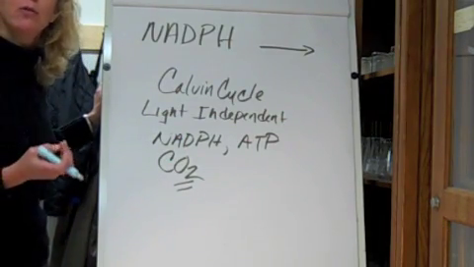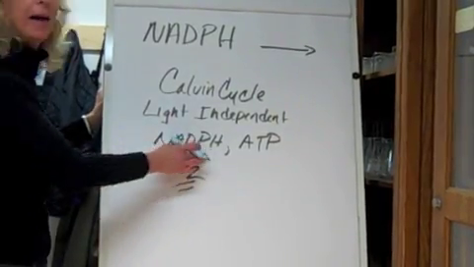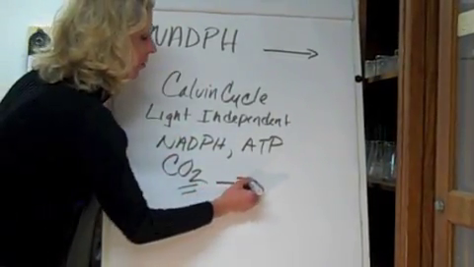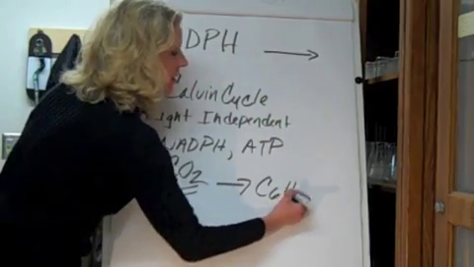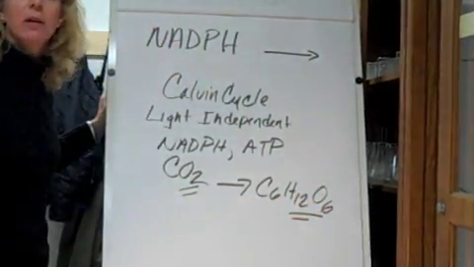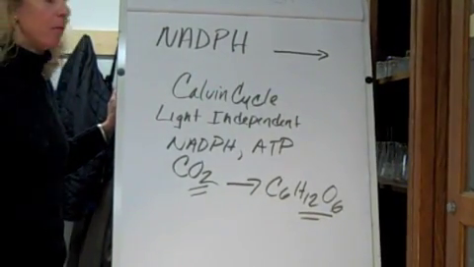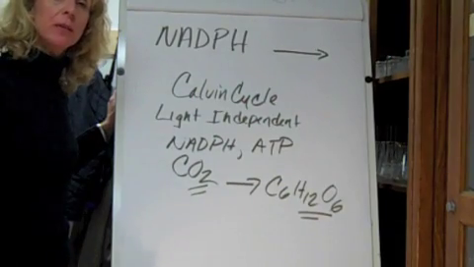It's going to pull that in through stomata in its leaves and utilize that CO2 and this energy to make that product, C6H12O6, also known as glucose. So now we have pretty much addressed all the molecules from the equation for photosynthesis.